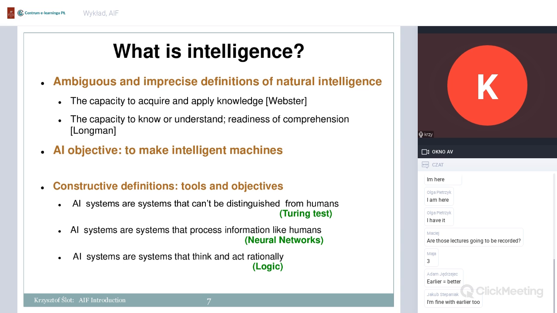So the first definition was that AI systems are systems that cannot be distinguished from humans. Basically, this definition focuses on the outcome of operation of algorithms that we'll be trying to develop. And it just says how to test whether an algorithm can be considered intelligent or not.